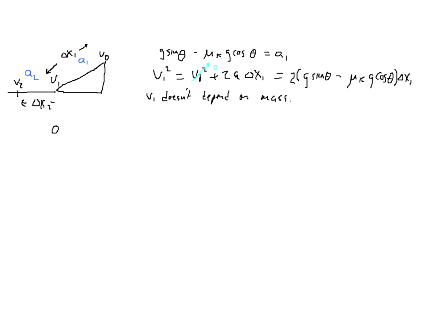Okay, so now the skier is sliding along the bottom of the hill. So now the earth, the ground, is pushing them up. The earth is pulling them down.